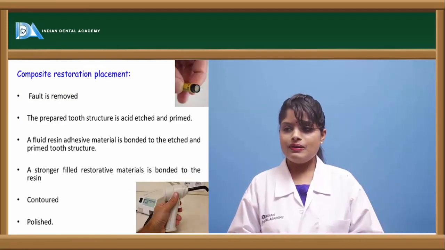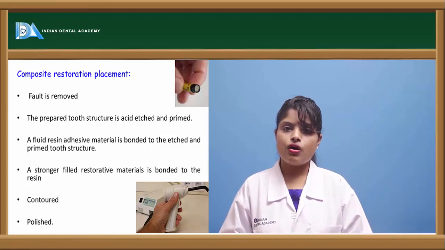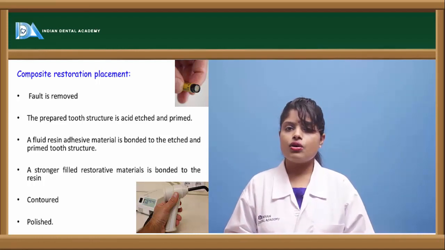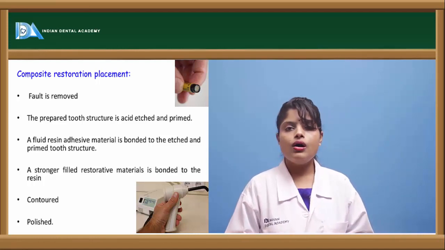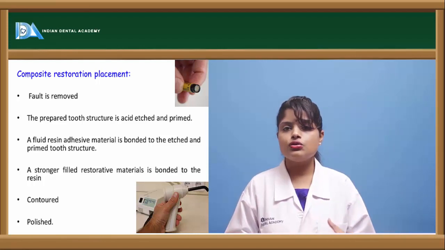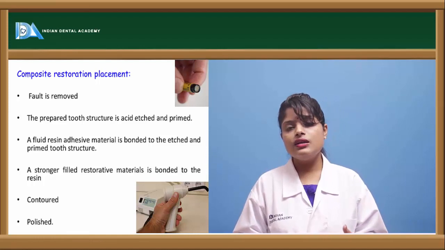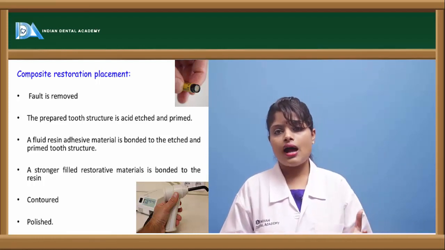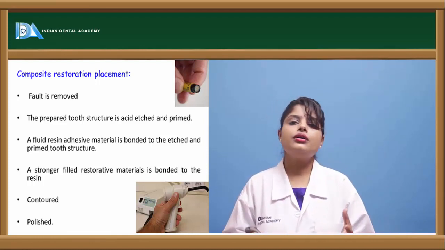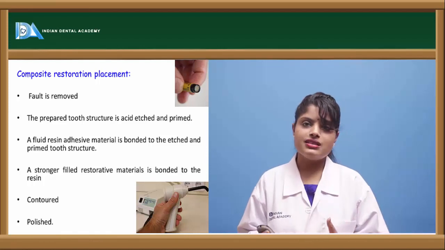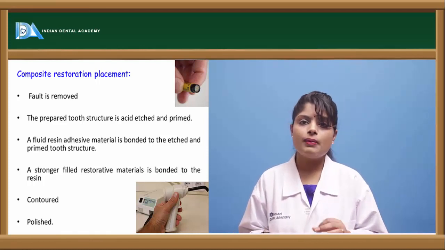So, how can we place the composite resin? First of all, the tooth is oral prophylaxed and all the dirt and grime from the tooth is removed by scaling and polishing. Then after that, we properly isolate all the tooth surface or the oral cavity. Then we prepare the cavity.